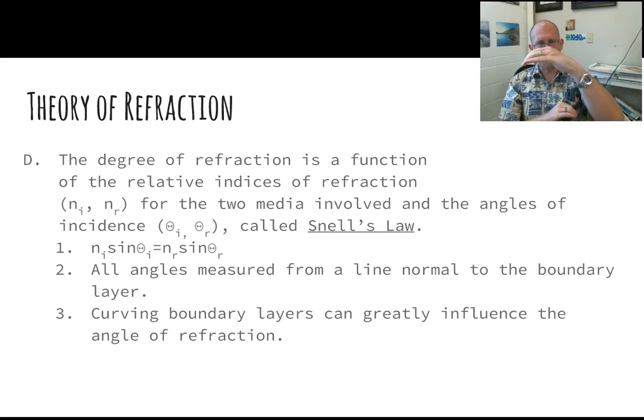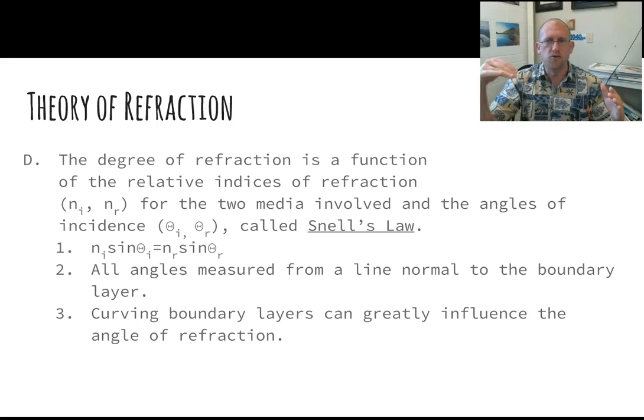But if we are curvy and the light hits here, now our normal line goes like this. If the light hits here, now our normal line is like this. If the light hits here, now our normal line is like this. It's always 90 degrees perpendicular to the point where the light hits the surface.